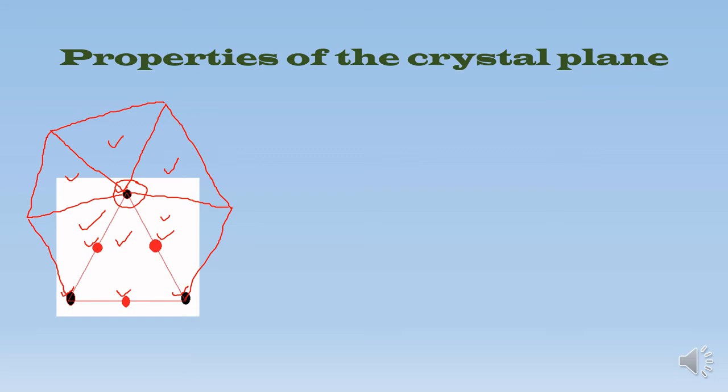Basically, here we saw 3 corner atoms. That is, one is here, one here and another one is here. These 3 corner atoms are shared by 6 planes. So, the contribution of corner atoms is 3 into 1 by 6, that is equal to half.